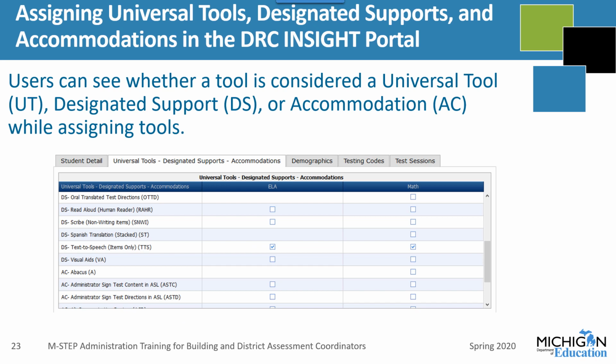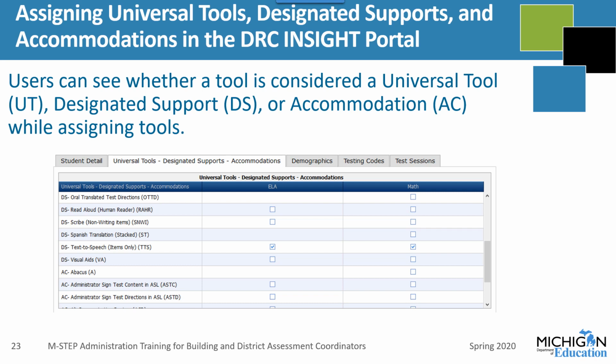You assign students universal tools, designated supports, and accommodations in the DRC Insite Portal to ensure that students receive the appropriate supports during testing. You can see whether a support is a universal tool, abbreviated UT, designated support, abbreviated DS, or accommodation, abbreviated AC, in the DRC Insite Portal on the screen where you assigned them.